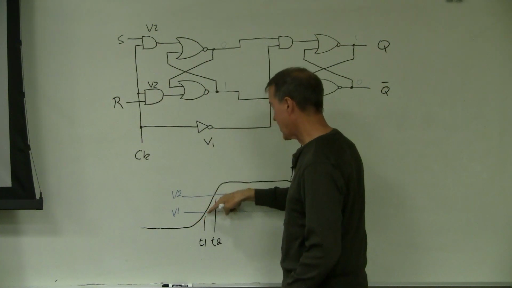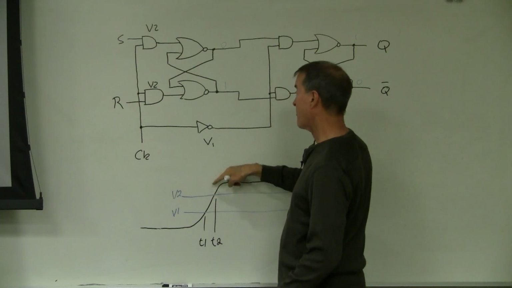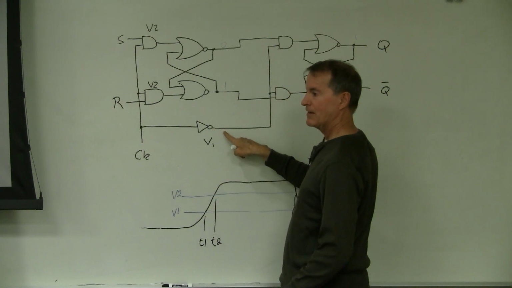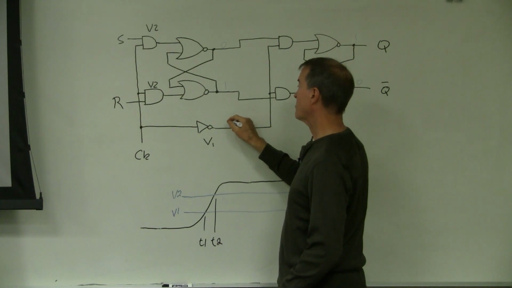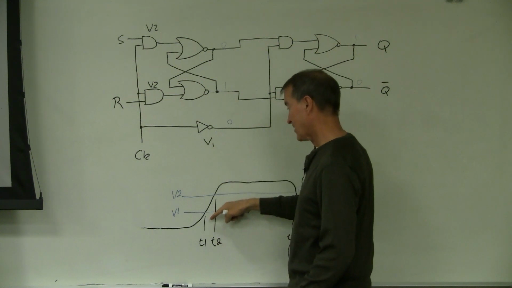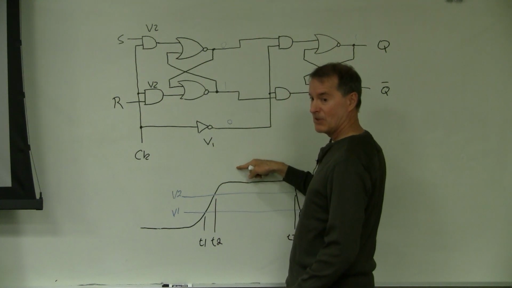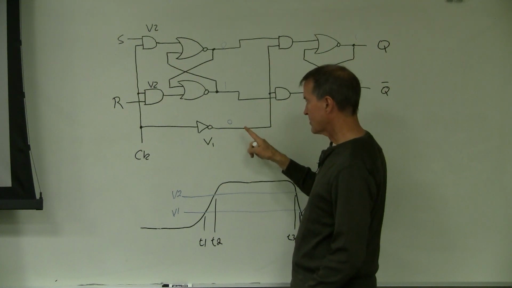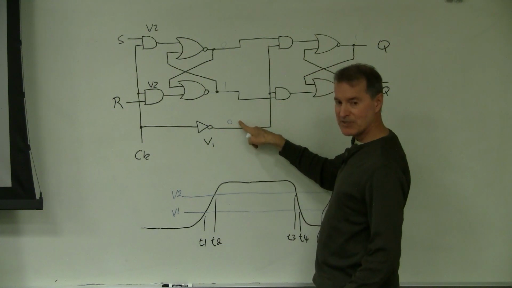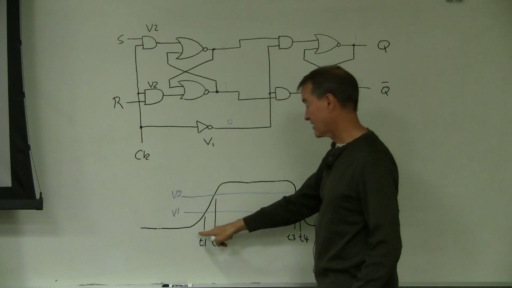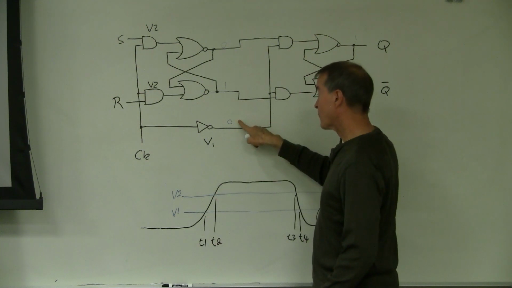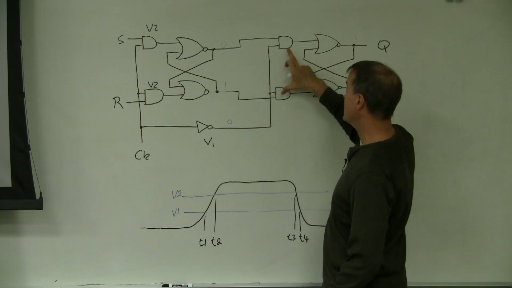So as this is coming up, this is going to flip to what? This is going to flip to 0 as we're coming up. Do you see what I'm saying? Hold on. So this is going to flip to 0, right? At time T1.